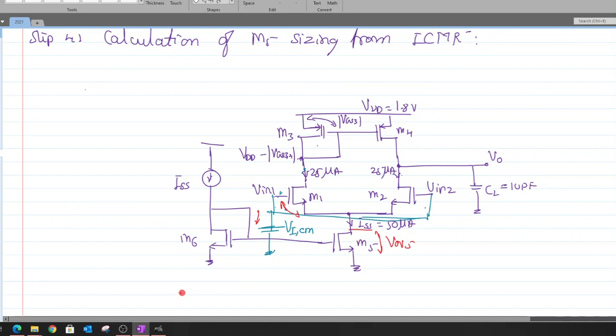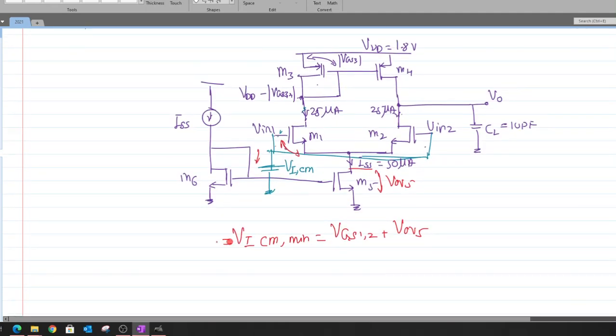So in general, I could write VICM minimum voltage to be equal to VGS 1, 2 plus the VDS value, and the minimum value is supposed to be equal to VOV5. This would act as my ICMR minus.